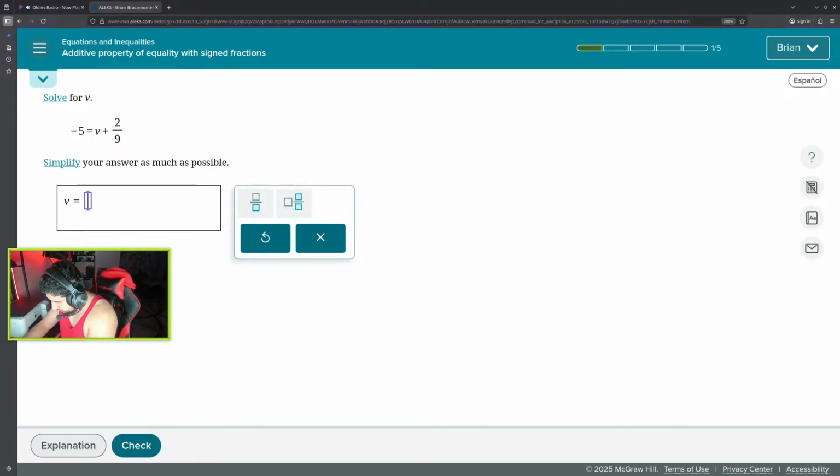Now we have to make the bottom 1 because it's a whole number, right? It's just a rule. Now we need the denominator to be 9, so we multiply the top by 9 as well. So the bottom is 9. We multiply 9 times 5, that's 45. So it's going to be minus 45 over 9.